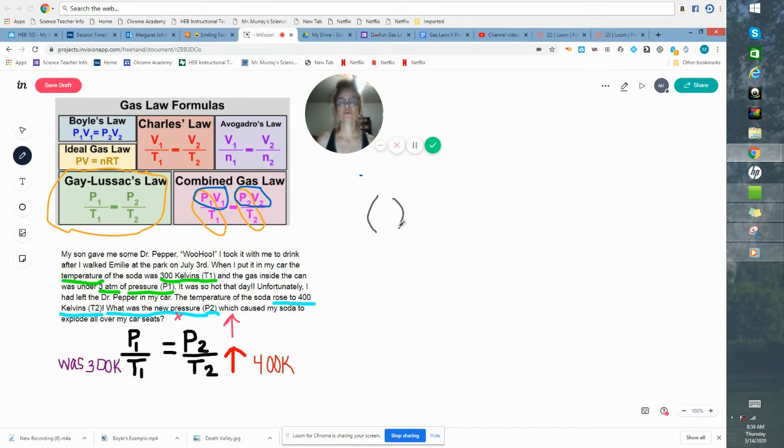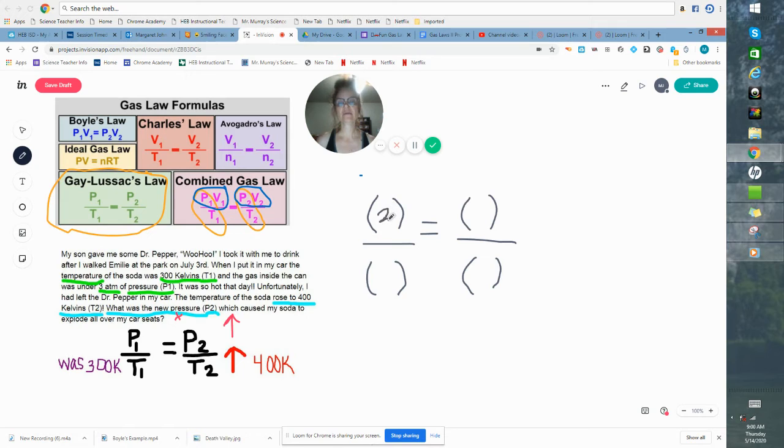I like to set up my parentheses before I plug and chug, especially when I'm first learning something, because it gives you a real quick way to check yourself to make sure that you set it up right, and so my parentheses do look like my variables over here. I feel pretty good.